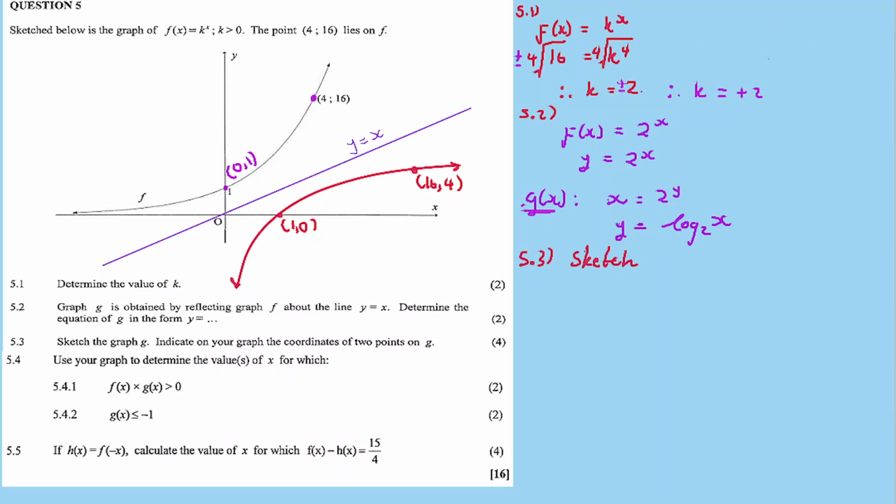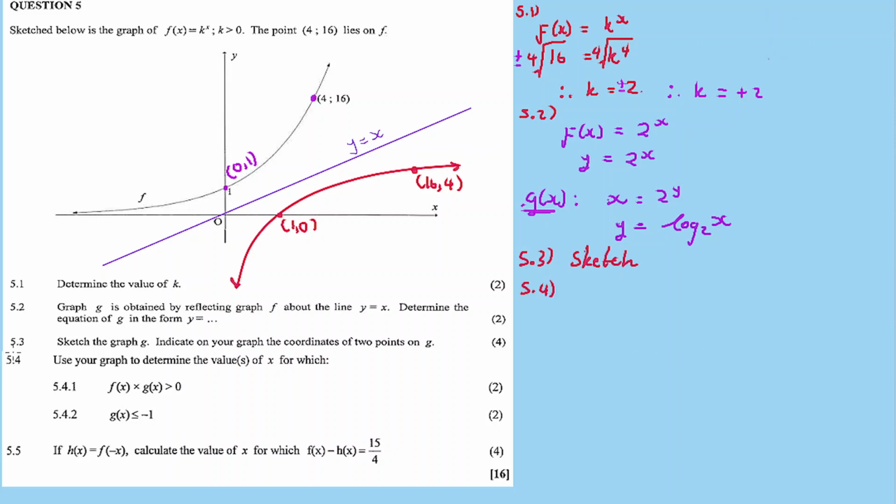When we sketch 5.3, the inverse, you don't have to calculate the y-intercept, x-intercept, asymptote, and so on. You just swap these coordinates, then you draw your sketch.